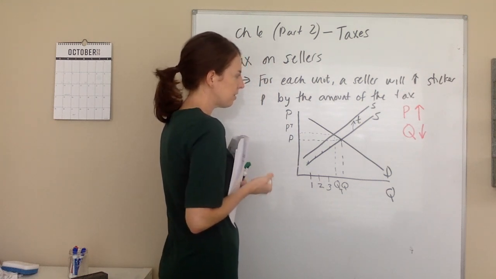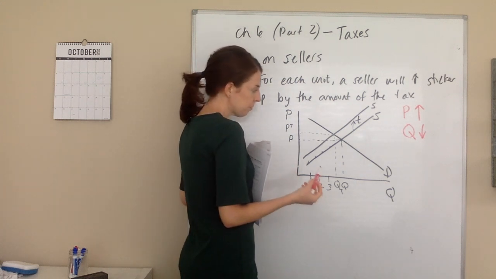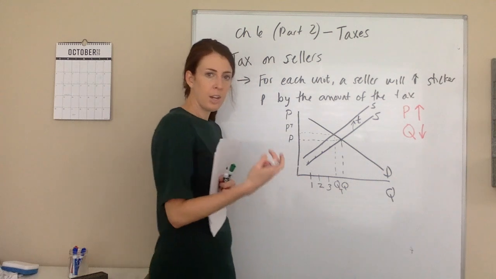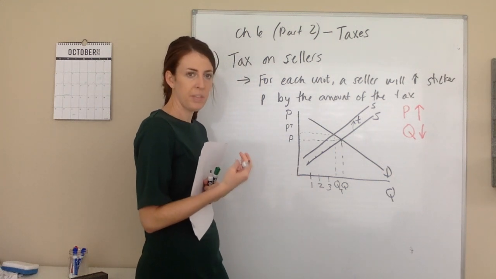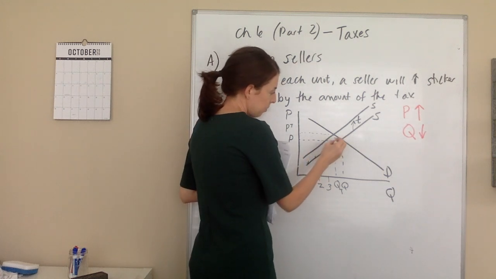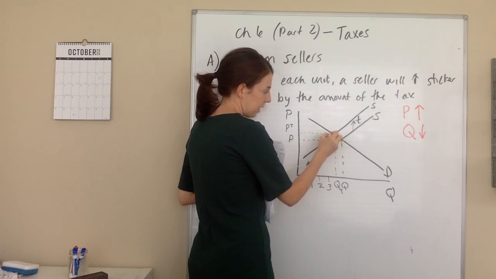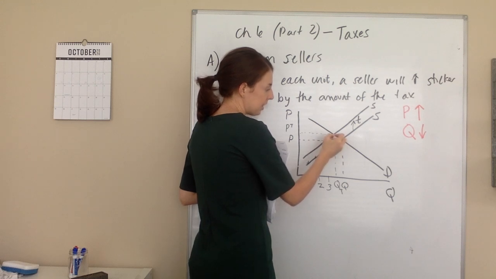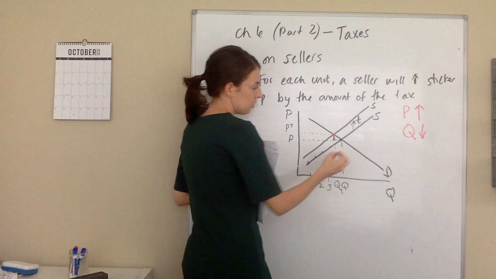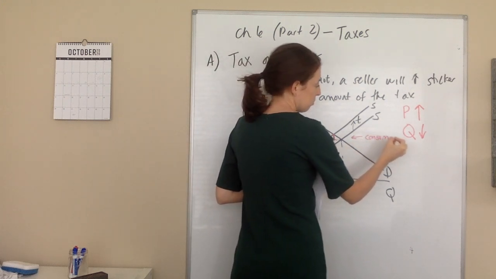So what this means is if you are a consumer, then the amount that you're hurt by the tax, or the amount that your effective price goes up, is the difference between this original equilibrium price that you were paying and the new equilibrium price that you're paying. So this leg of the tax is going to be the consumer's tax burden.